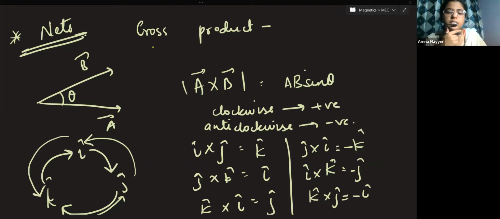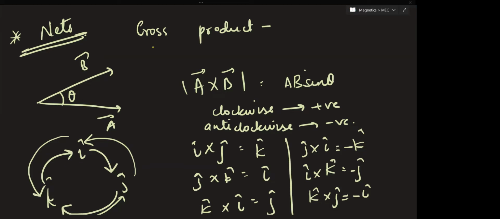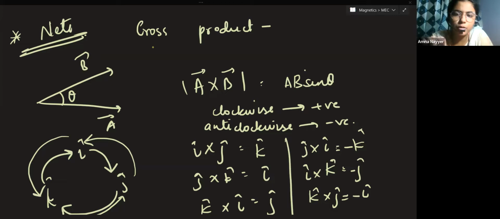Hamza, is it inversely proportional to anything? 1 by R square. It is inversely proportional to R square. One more quantity is left, to which the magnetic field is directly proportional. Current is done, sin theta is done, R square is done.